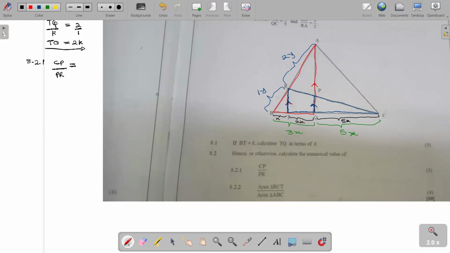So that will be equal to, we'll check. CP, PR is a straight line and we have got parallel lines on that. Meaning that if we concentrate on triangle CRT, we realize we have a side parallel to the third side. So we still use the proportionality theorem.